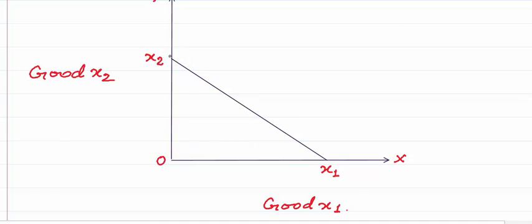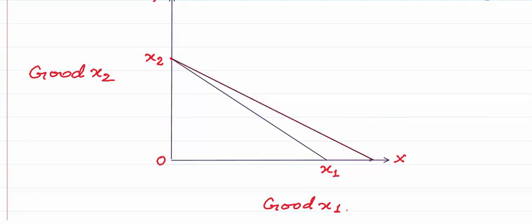If there is a change in the price of good 1, which is a decrease in the price, the budget line will be pivoted at point X2 but will shift rightward in case of X1, because the consumer can purchase more amount of X1 with his same given income level. So let's see how it happens.